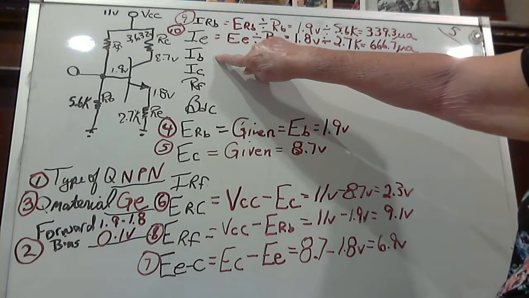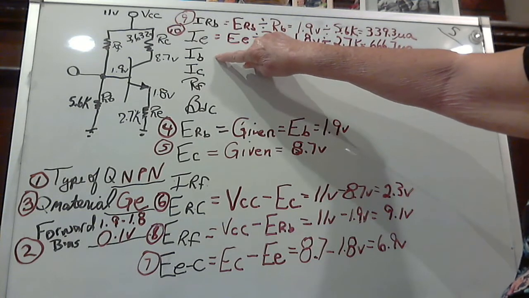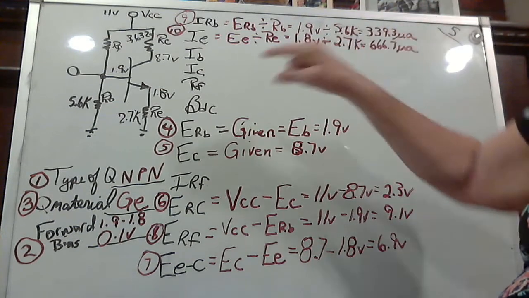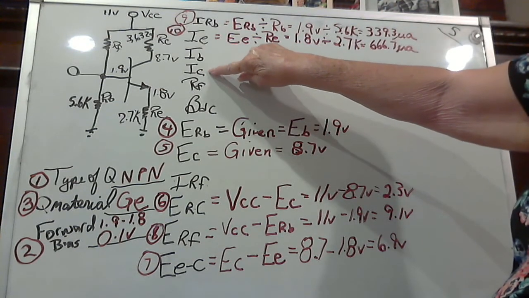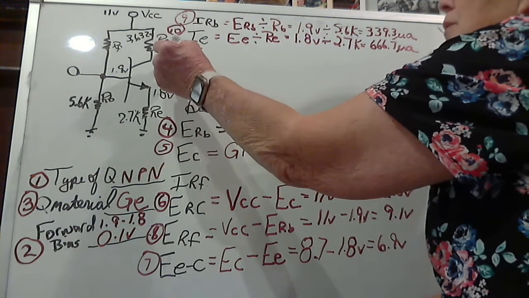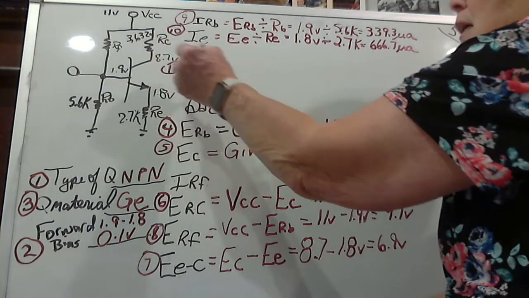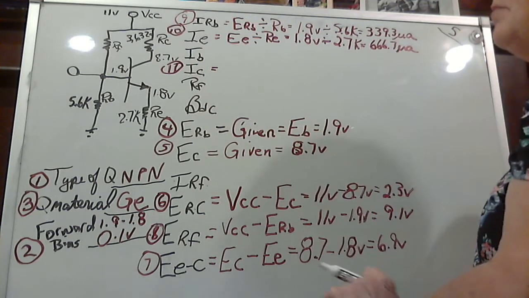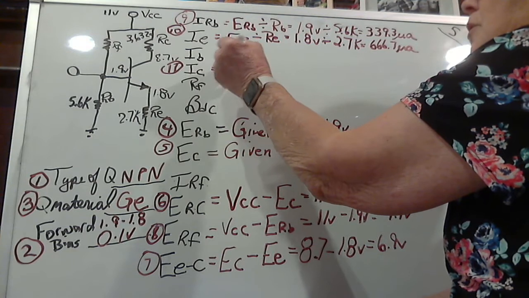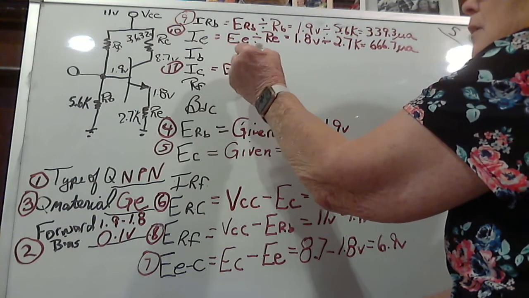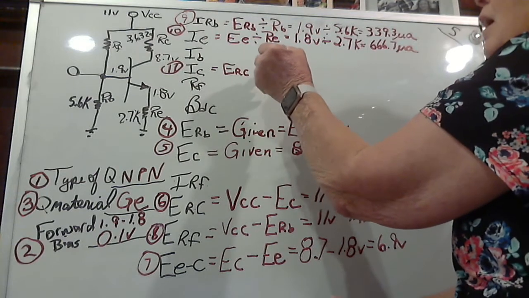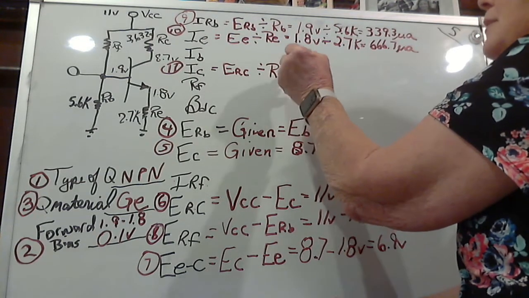I can't do the base current yet because I don't have a voltage drop there for the base, because that changes. But I do have enough information now to get the collector current. So I'm going to go down here to 11 and call the collector current, because I know the voltage drop across the collector load resistor, and I can divide that by the resistance of the collector load resistor.